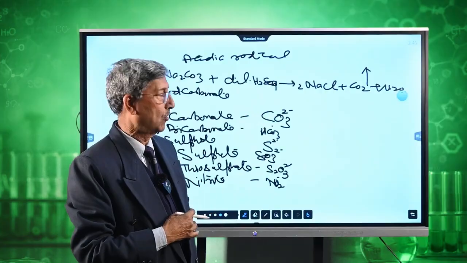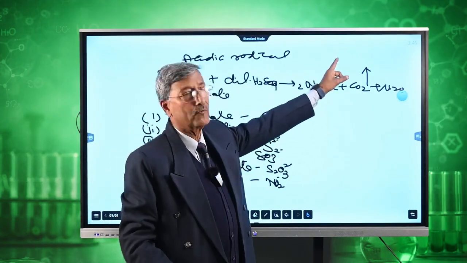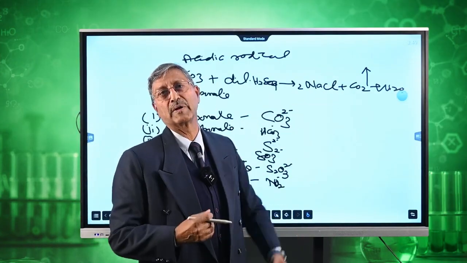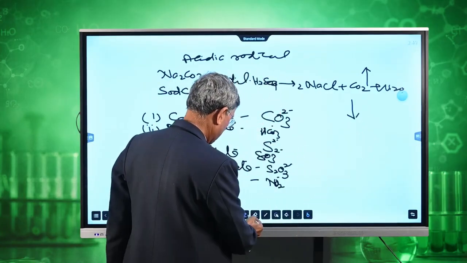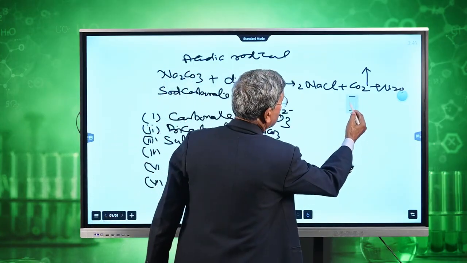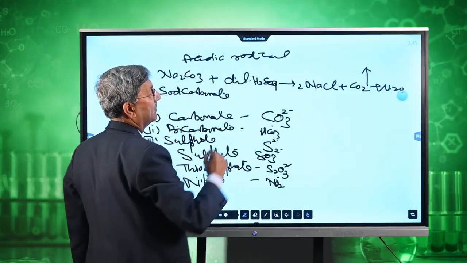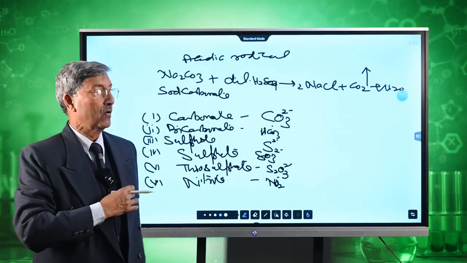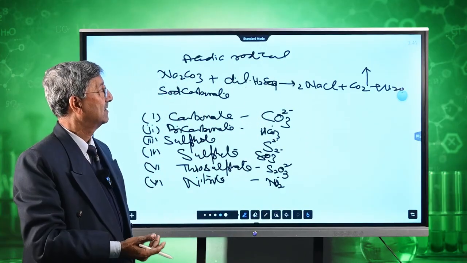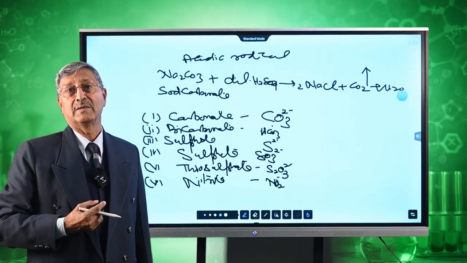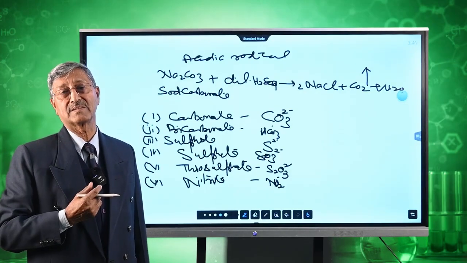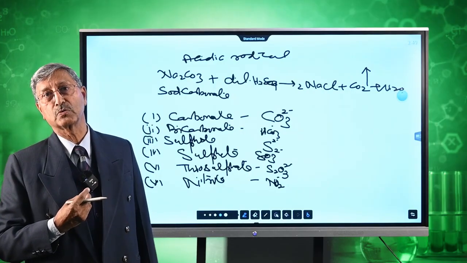I hope all of you know that an upward arrow means that gas is coming out. If you have a downward arrow, it means a precipitate is forming. So, in this case, CO2 gas is evolved. Now, how to check that this is carbon dioxide gas? There are some physical signs and there are chemical tests also.